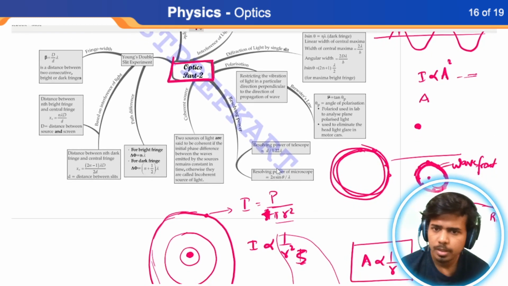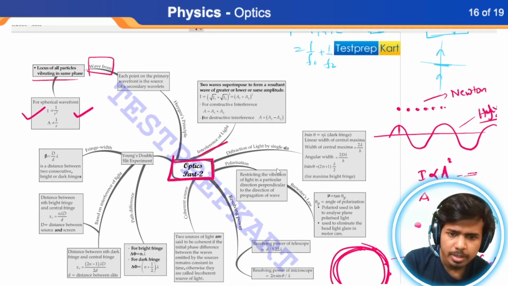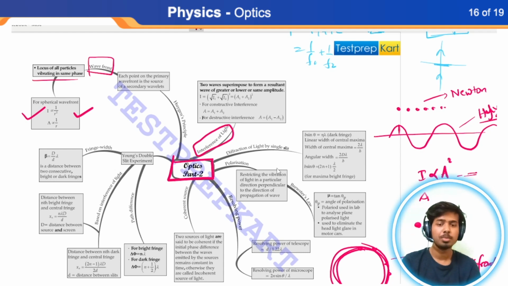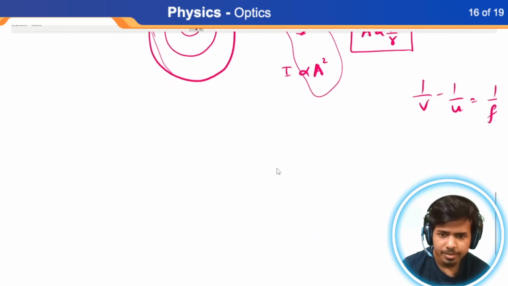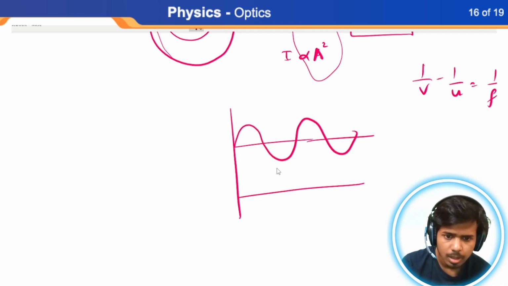Let's talk about interference first. Otherwise, it will be difficult for you to understand Young's double slit experiment. So let's take a wave, two waves actually. One is like this, and another wave is the same copy.